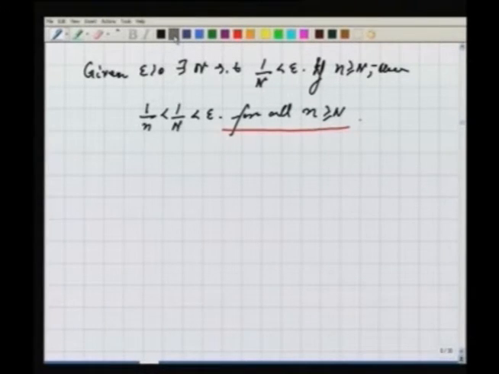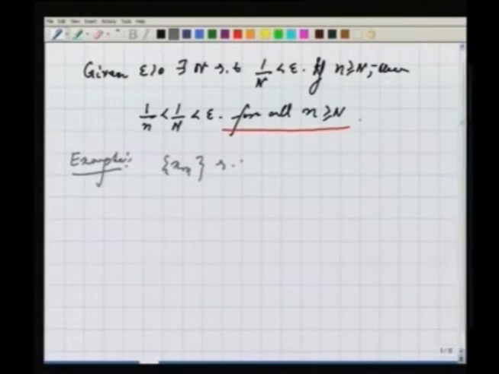Well, let us go to another example. Let us look at this sequence xn such that xn equals 1 for all n. This is called the constant sequence, for the obvious reason.